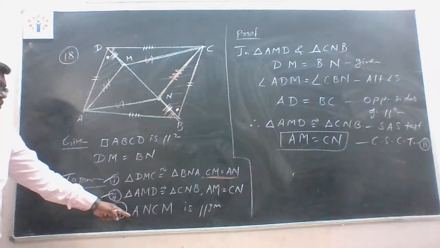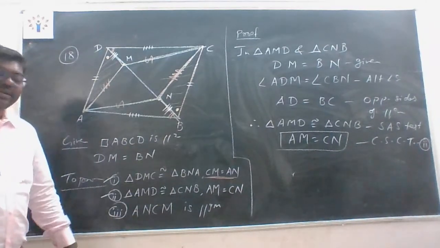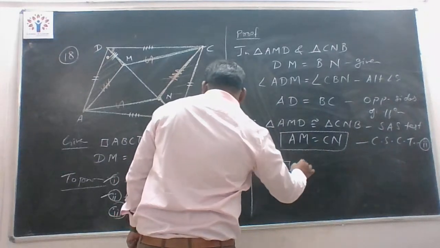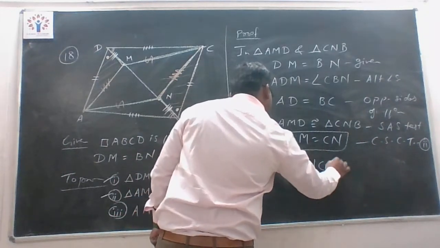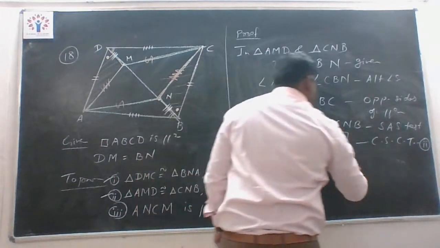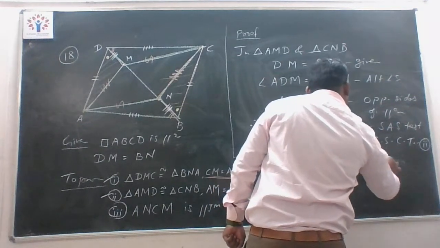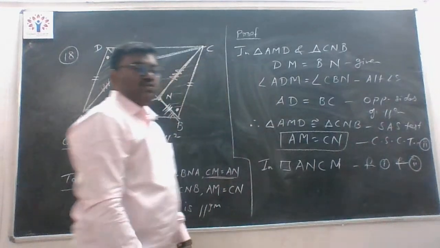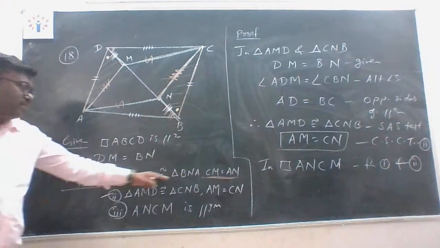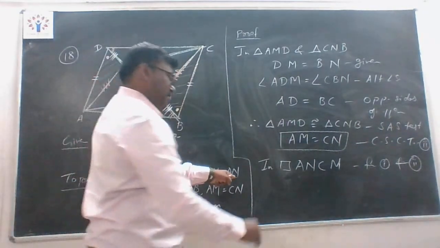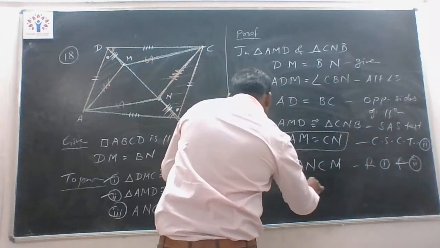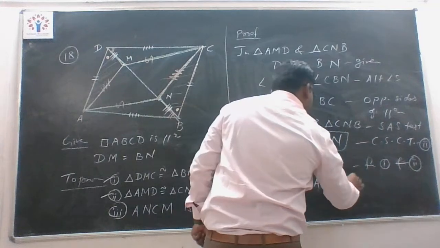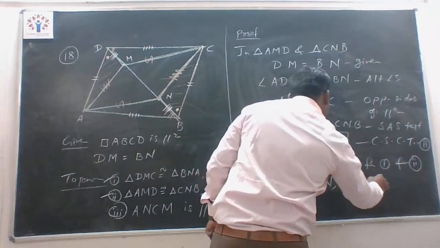For the third part, we want to show quadrilateral ANCM is a parallelogram. So in quadrilateral ANCM, from 1 and 2: in 1 we have proved CM is equal to AN, and in 2 we have shown that AM is equal to CN.